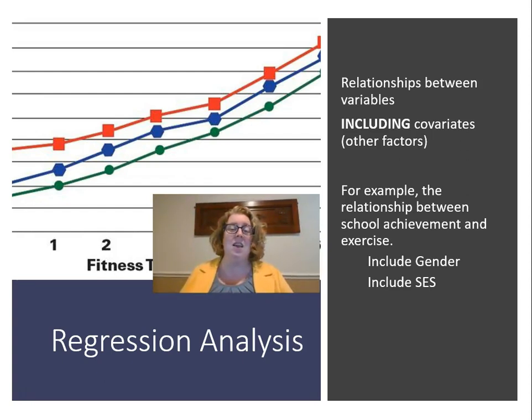So it's not fair to say that school achievement and exercise are related without accounting for other variables like socioeconomic status. That's why regression becomes really, really important. So again, we want to be thinking about all of these areas, and this is going to ruin the news for you forever. So when they say things like, well, drinking more red wine will help you live longer, think about it.